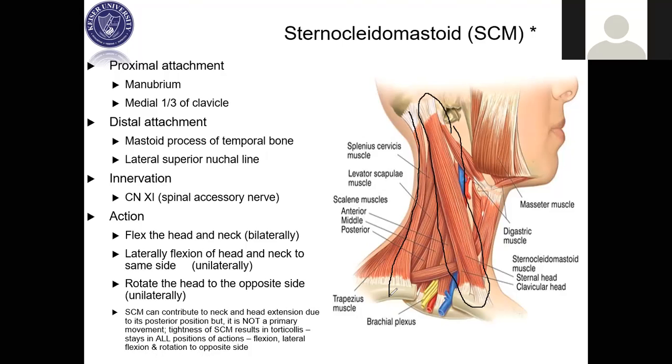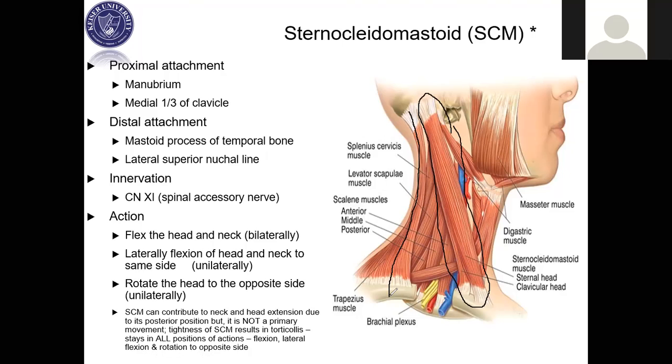The other action that it does is it has a contralateral movement. It rotates the head to the opposite side. So again, if I'm feeling my left sternocleidomastoid, it has the ability to rotate to the right side.